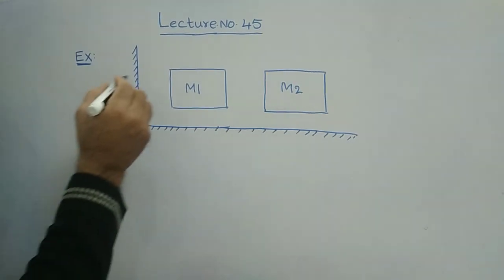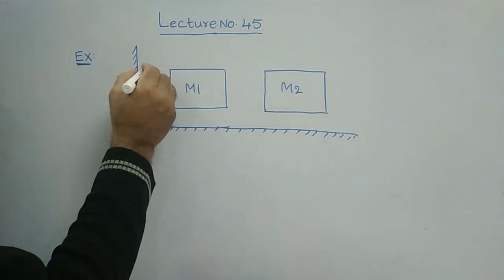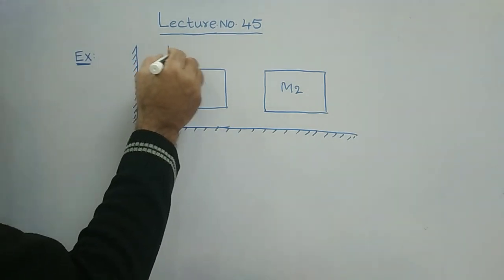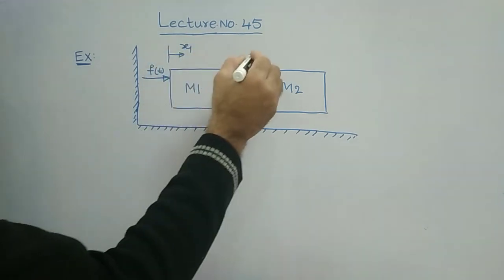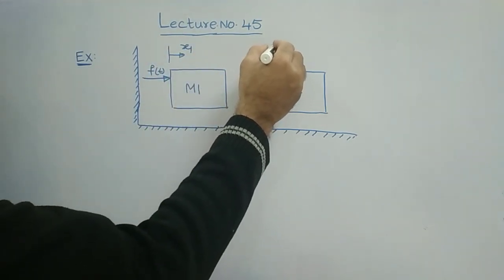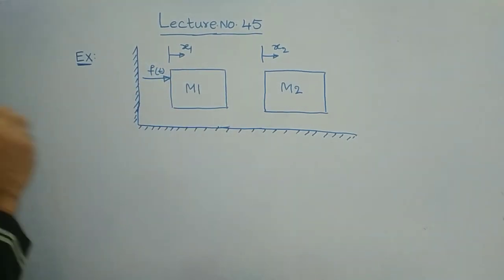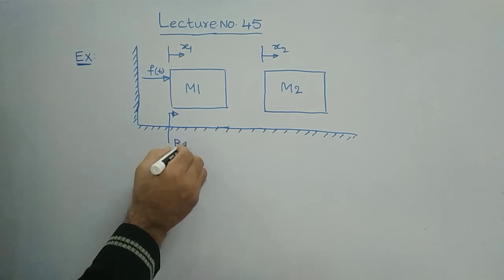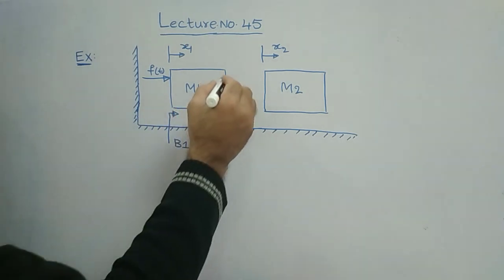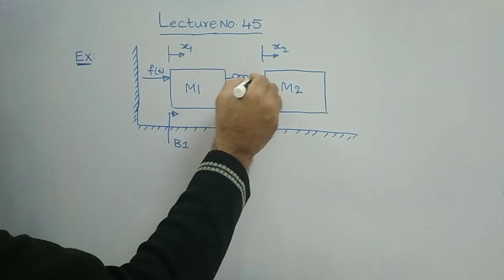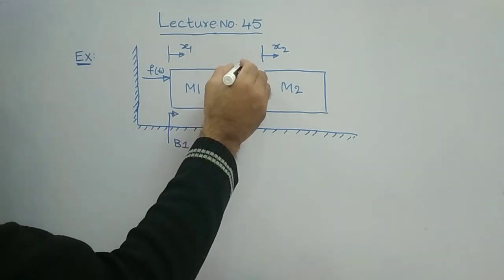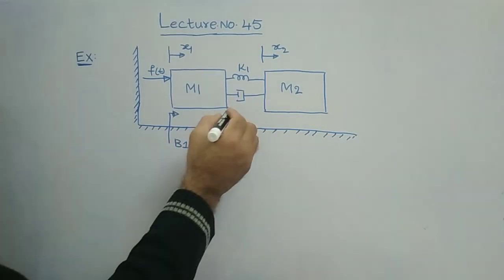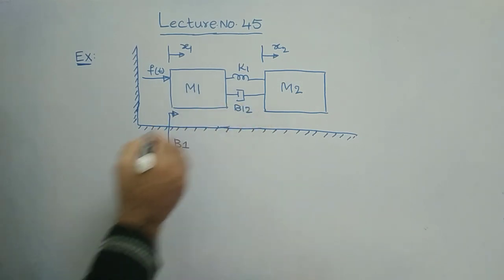For this M1, we are applying f of t, and the corresponding displacement is x1. For M2 the corresponding displacement is x2, and here you have the frictional coefficient b1. In between these two you have two common elements, k1 and one frictional coefficient b12. It is given like this in the problem.